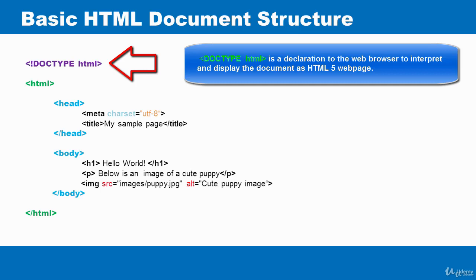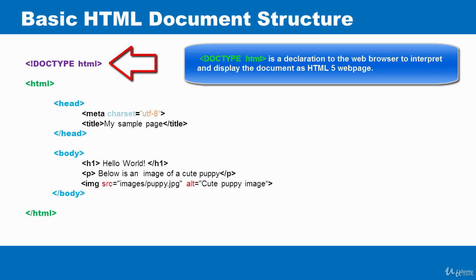The doctype declaration is not an HTML tag. It is an instruction to the web browser about what version of HTML the page is written in. It lets the web browser interpret the HTML document as a web page.